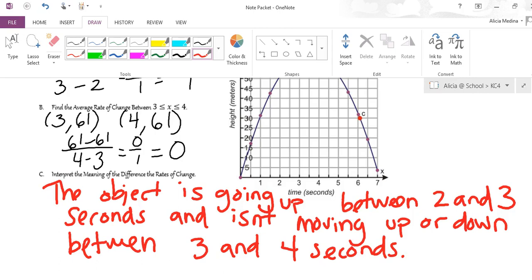So going up, right, we got that positive value between 2 and 3, and then between 3 and 4 seconds, it's not moving at all.